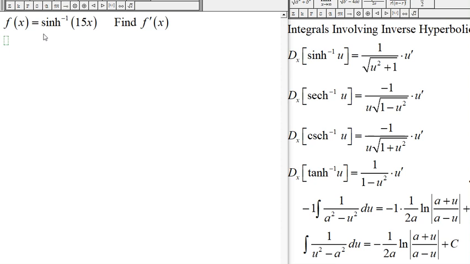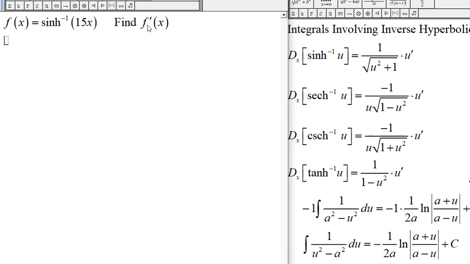Here we have the function inverse hyperbolic sine of 15x, and we want to find the derivative. And so we have just seen that the derivative of the inverse hyperbolic sine is 1 over the square root of u squared plus 1.